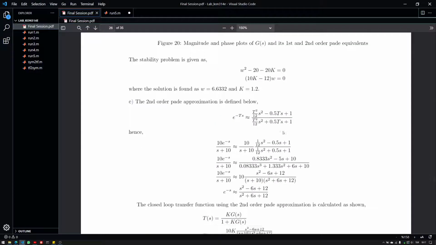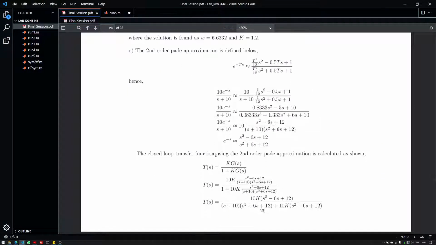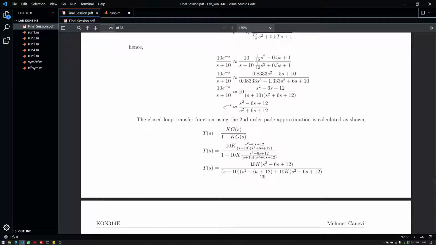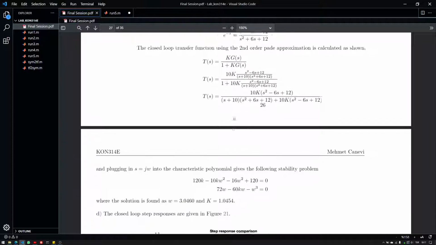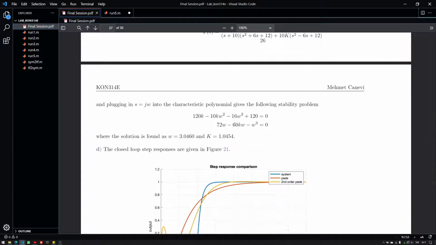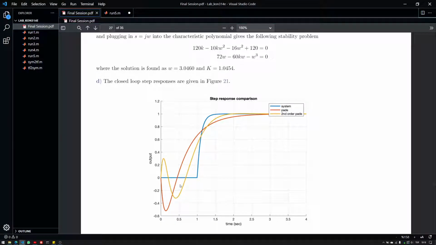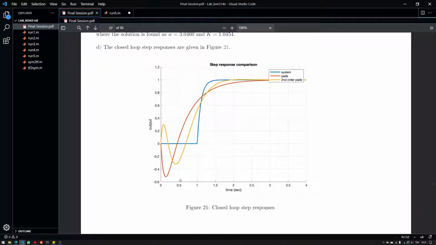And then when you have the second order Pade approximation, things get a bit crazier because you have a higher order transfer function for your approximation that will just have higher accuracy, but also a little bit of work to do. The closed loop here shows neatly that the first order approximation does not even match the transients of the system at all.